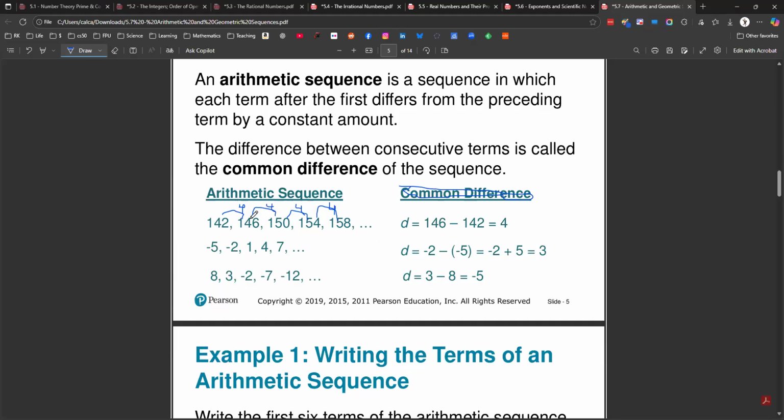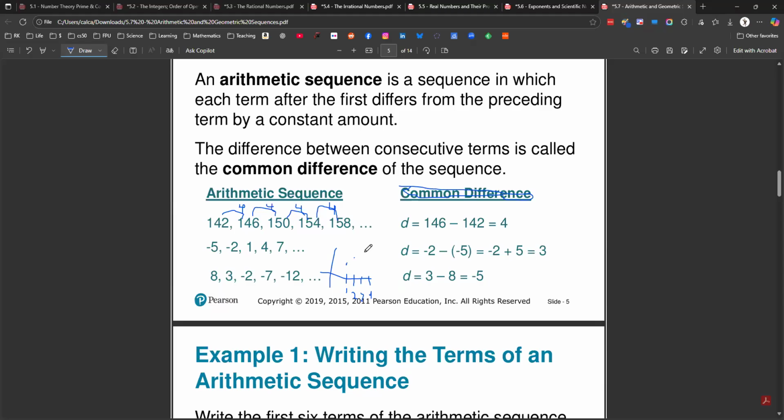And just to give you an idea of the arithmetic sequence, if you think of a number line, it could even be the first sequence, right? The first step, the second one, the third one, and then the fourth one. Then the first element in the sequence is 142. Then at 2, so going over 1, my next one would be over here at 146.